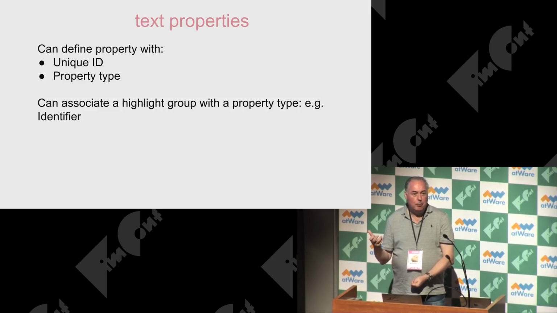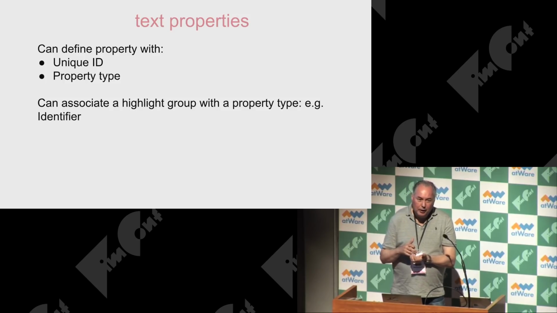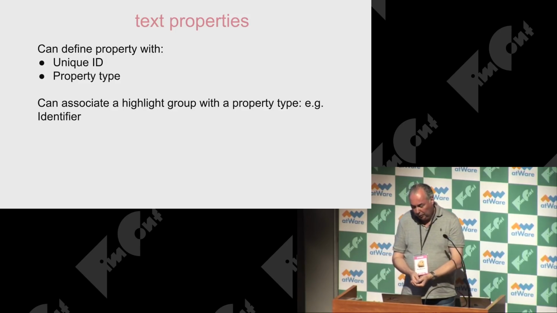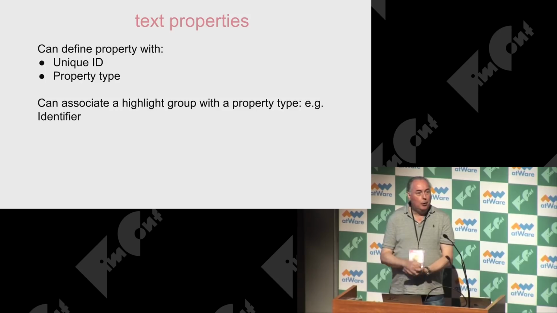And if you're using some parser or some highlighter or another mechanism, you can find the thing that you found before and relate it to the next thing you're going to do. So a unique ID is just to be able to retrieve every single property. And then there's a property type where you can say, this is this kind of property. And that would be mostly used for highlighting.